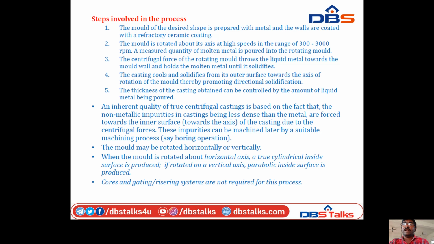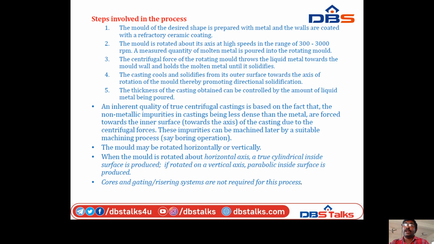An inherent quality of true centrifugal casting is that the non-metallic impurities in the casting, being less dense than the metal, are forced towards the inner surface of the casting due to centrifugal force. The impurities can be machined off later by a suitable machining process.